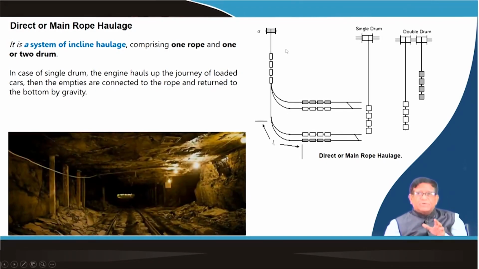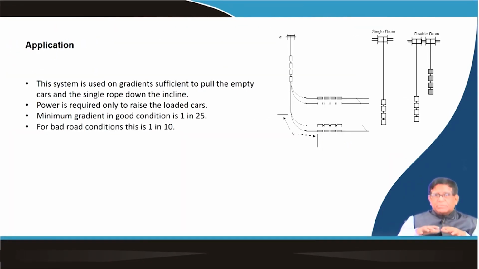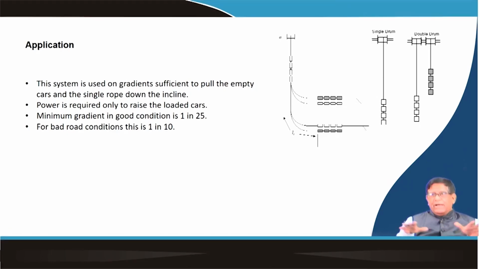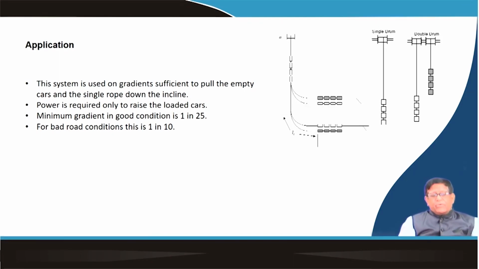That arrangement is called the shaft bottom or pit bottom layout for this haulage system. This type of direct rope haulage system is used on gradients sufficient to pull the empty cars and single rope down the incline.